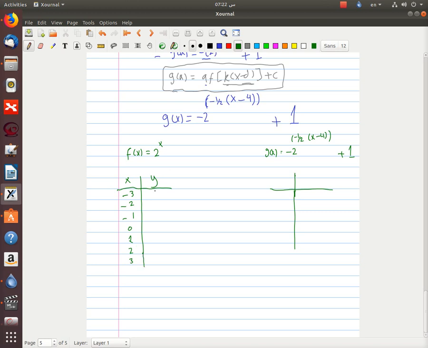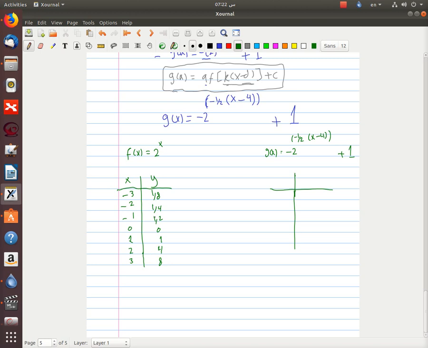Perfect. Now I'm just going to plug x into y and see what happens. So 2 to the power of minus 3 is going to be 1 over 8, this is going to be 1 over 4, this is going to be half, this is going to be 1, this is going to be 2, this is going to be 4, and this is going to be 8.